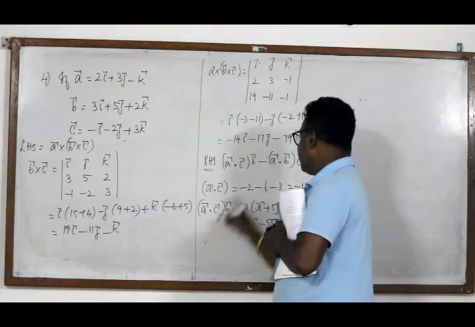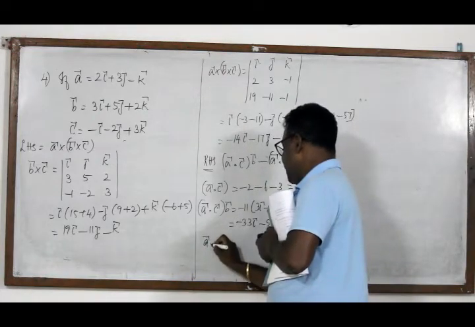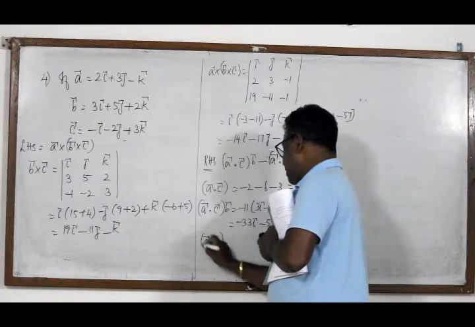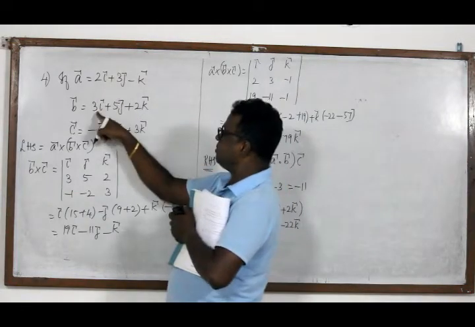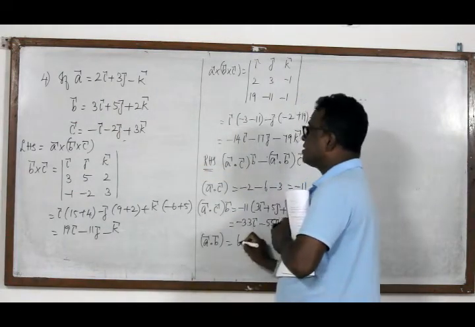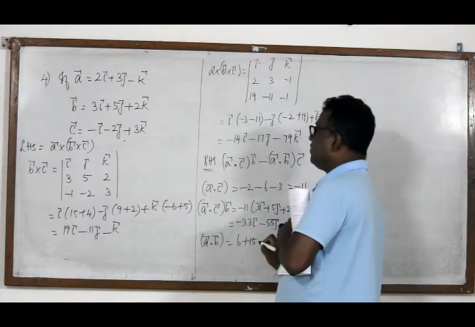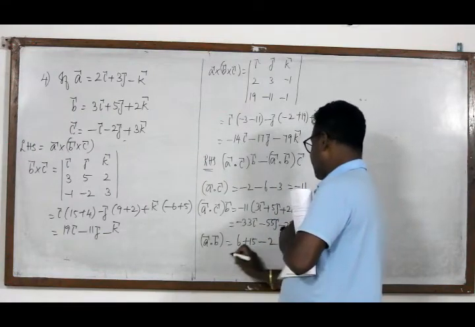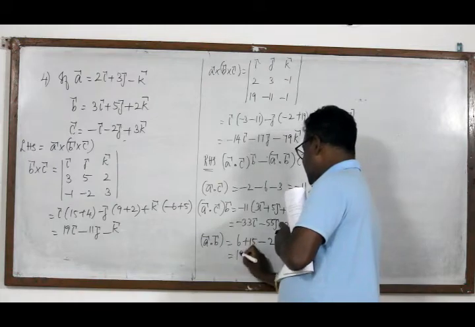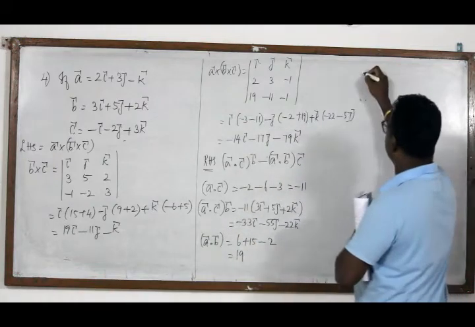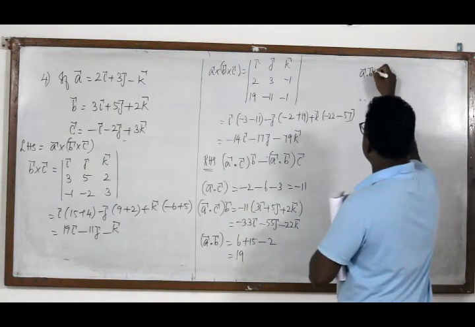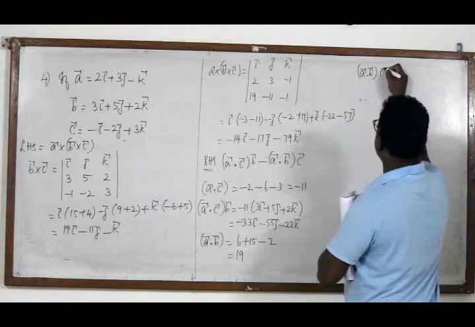Now, look, another one. A dot B I need. I have to multiply A and B. 2 3s are 6, 3 5s are 15, minus 2. 6 plus 30, 19.